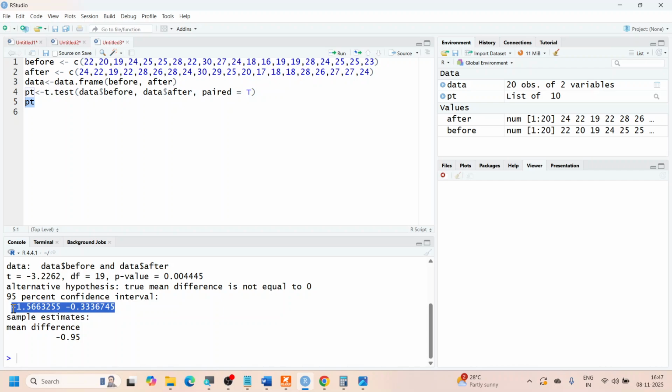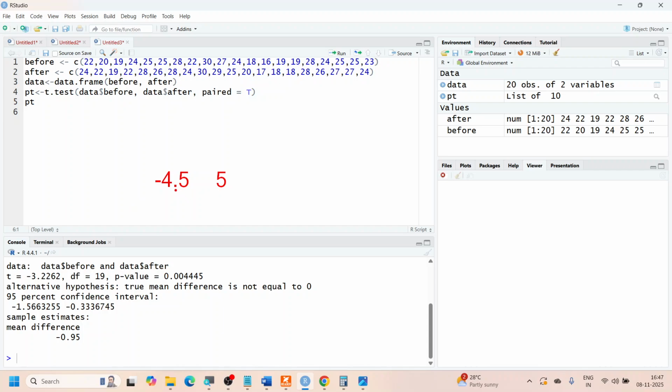See, these two values, if they contain the value 0 in between, suppose I'm just giving you some value, let's say something like minus 4.5 and 5.